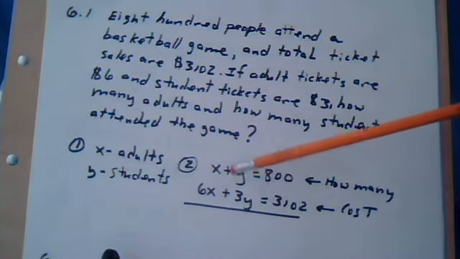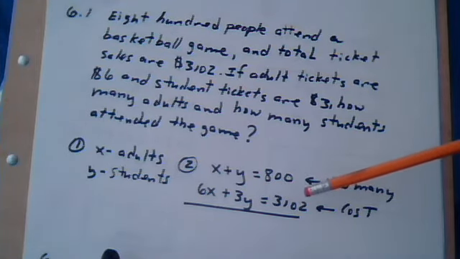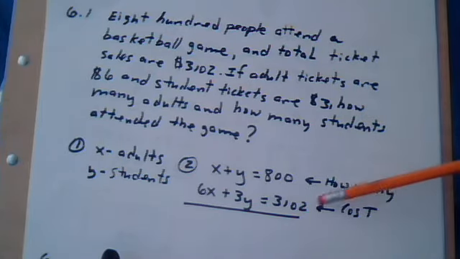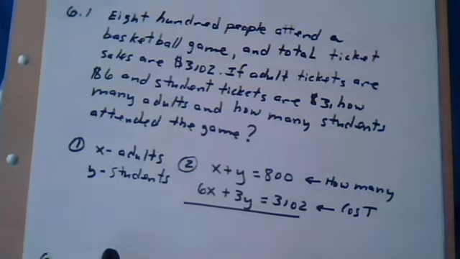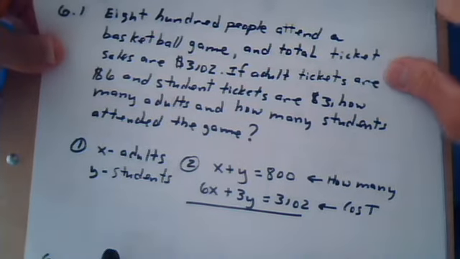So you put these two money amounts, they should give you a total of $3,102. So one equation brings in how many people we're talking about, and the second equation brings in the money part. From here on, it's the same as before.